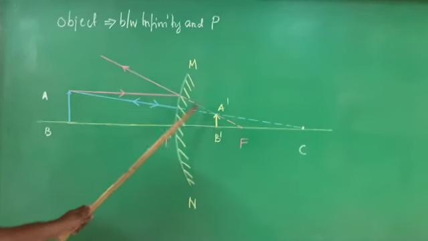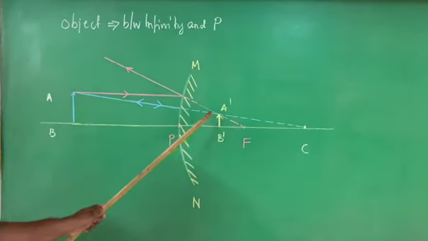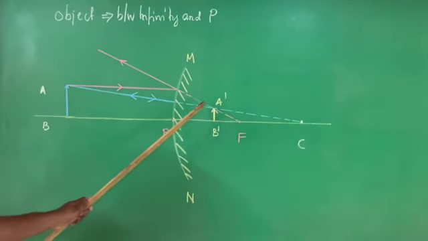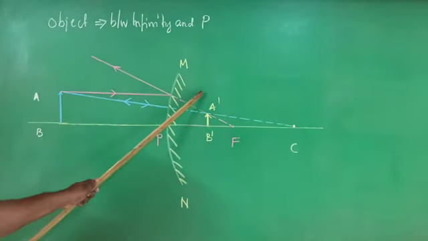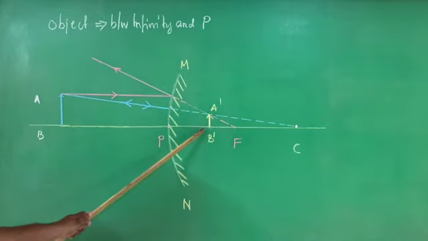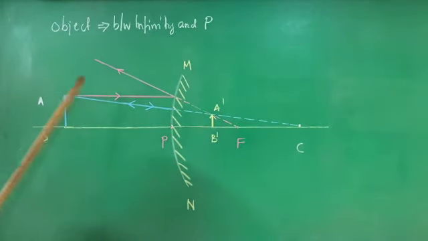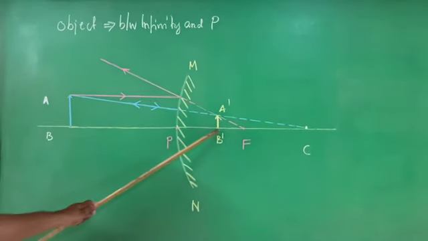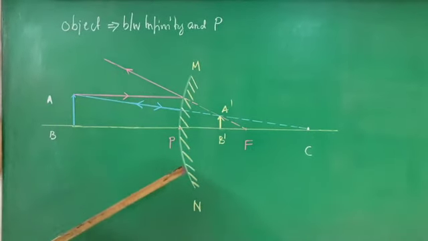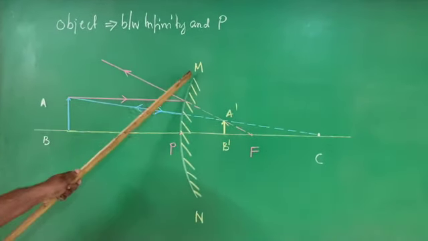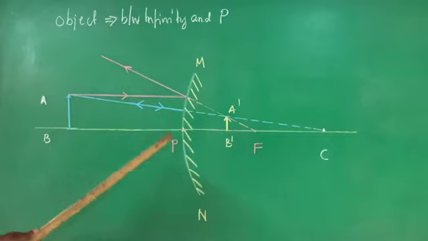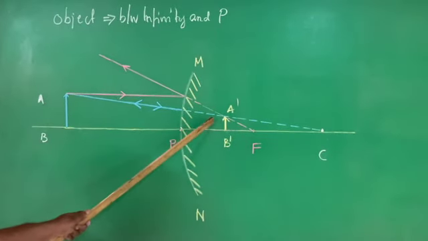And see the image, since it is behind the mirror, it should be virtual. Virtual images are erect images. See the size of the image. It is smaller than the size of the object, therefore it is diminished. Therefore, the concluding part is, the convex mirror always produces a diminished image.